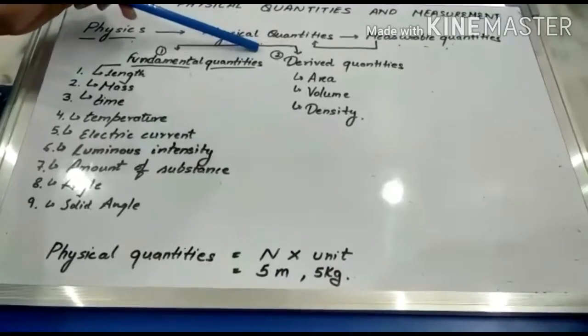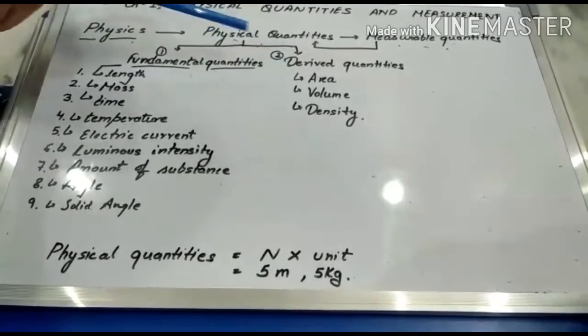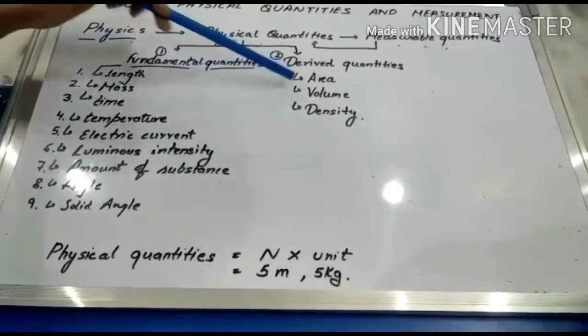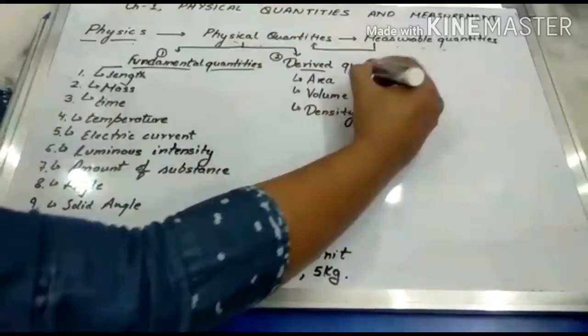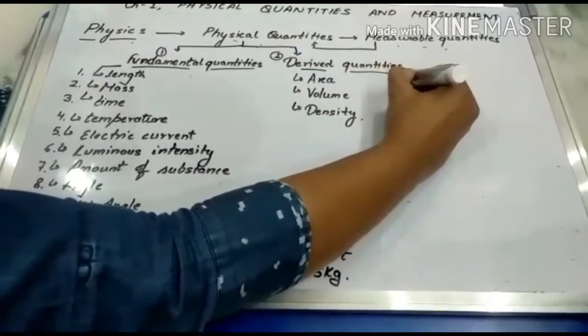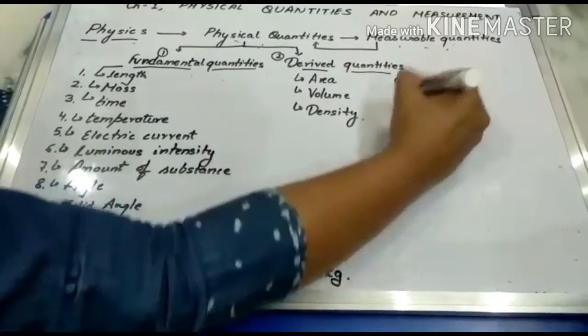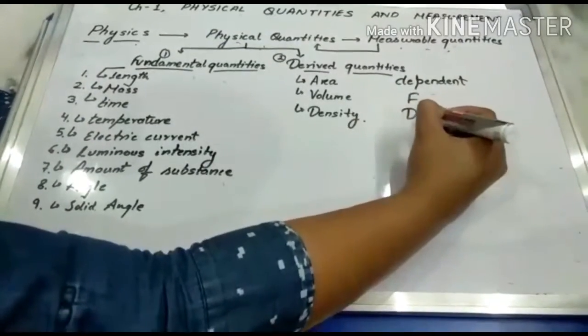And the second is your derived quantity. Derived quantities are those quantities which depend on fundamental quantities for their formation. They are dependent quantities, not independent quantities. They can depend on two derived quantities for their formation.